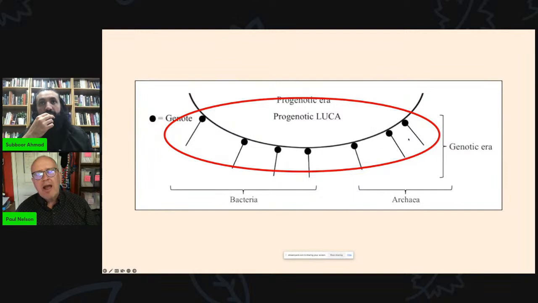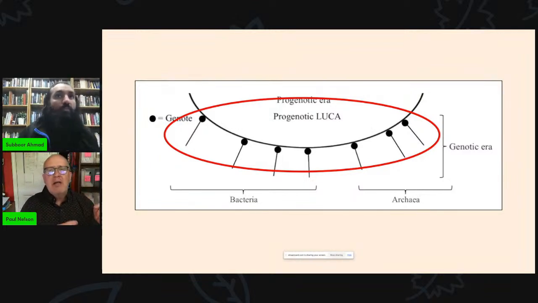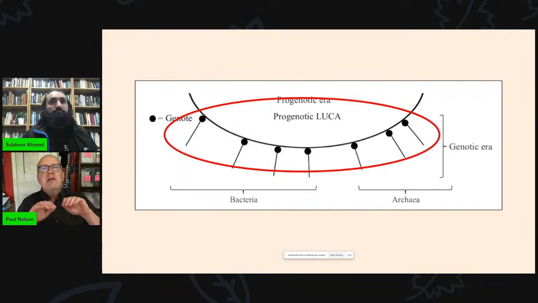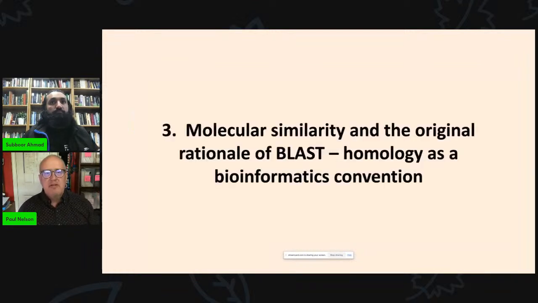If you're going to describe them, you have to find a way to relate their properties one to another, which means you're going to need criteria of homology that make sense of the fact that these groups are arising independently of each other, which brings us to BLAST.